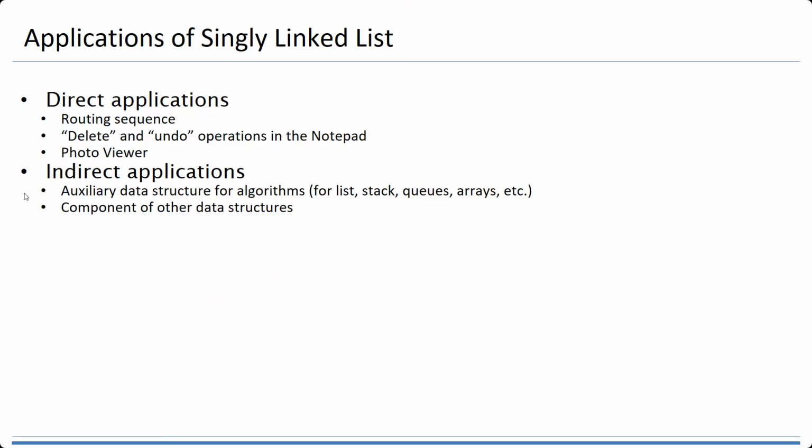One application is the routing sequence. If we have a routing, we have node 1, node 2, node 3, node 4. If you look at this one, what is the difference with queue? Queue versus linked list.